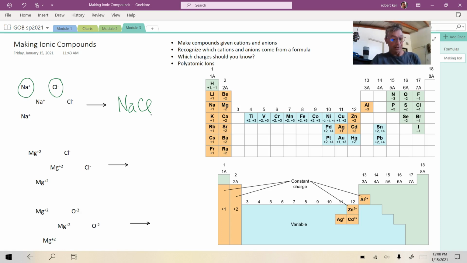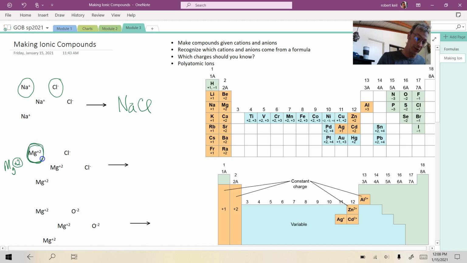Right? So we'll see in a second. The next one down, I've got some magnesium plus 2s, and I've got some chlorides. And, as just a super side note, I usually write it by hand as +2 as opposed to 2 plus, completely the same thing. It doesn't matter which way you do it. Okay, so what would happen if these fellows got together? We'd have magnesium, he's +2.